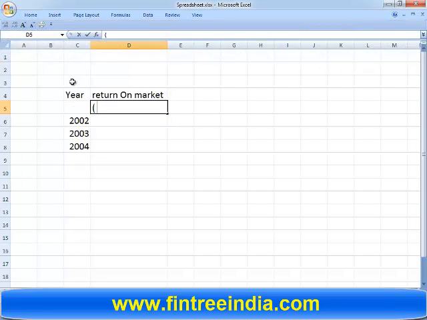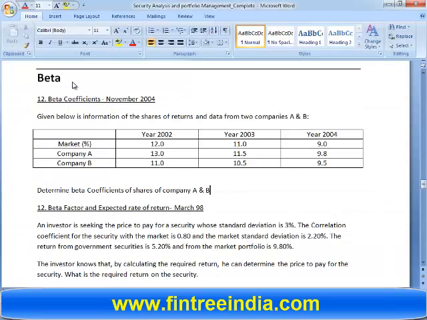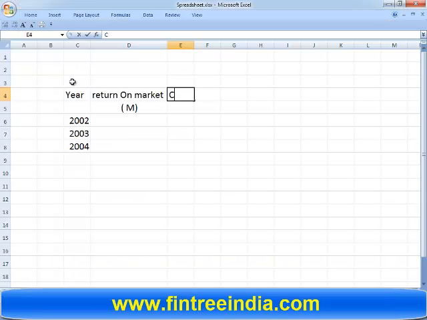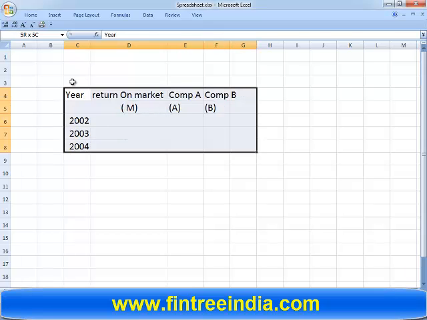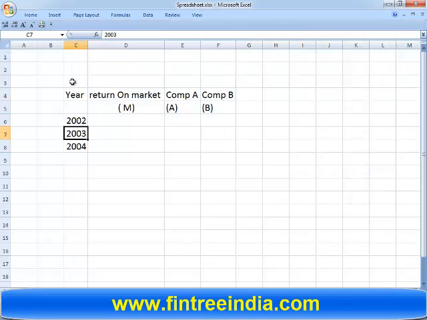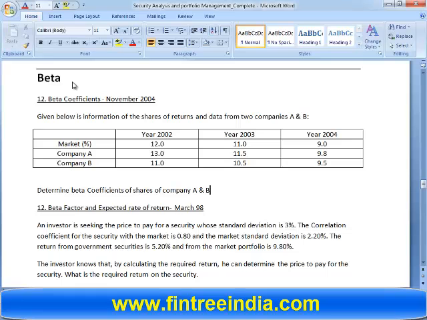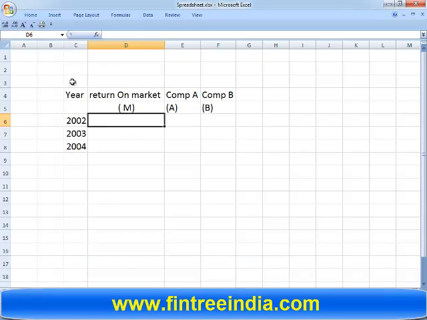Okay, return on market, which we are going to call as M. Then company A, which we'll simply call capital A. And company B, which we are going to call B. Okay, let's plot the data. 12, 11 and 9.